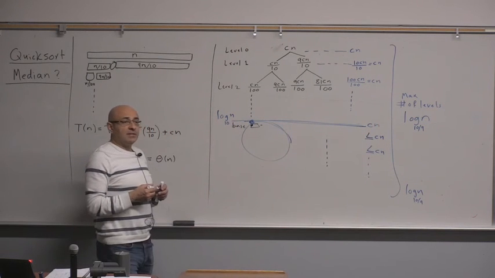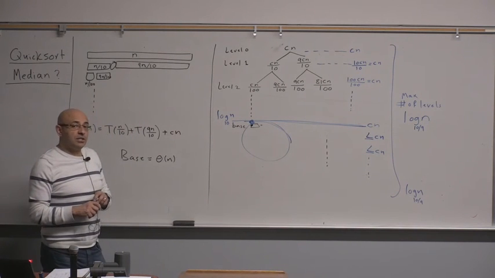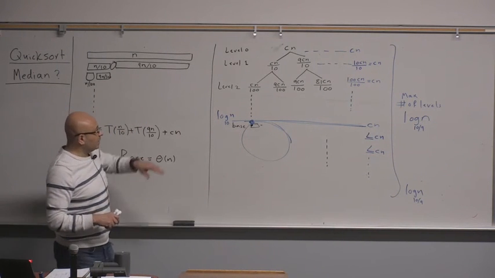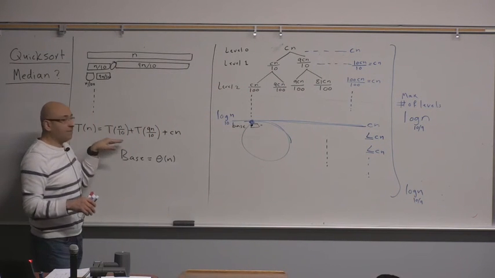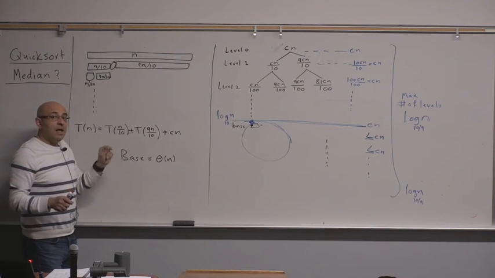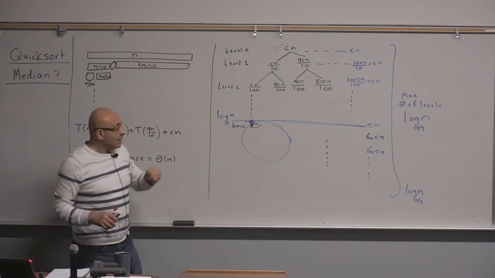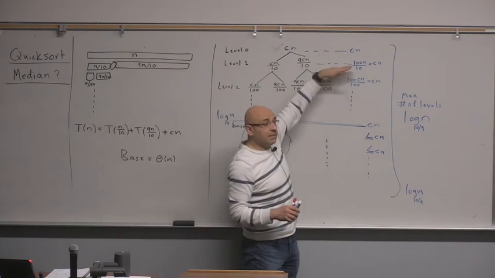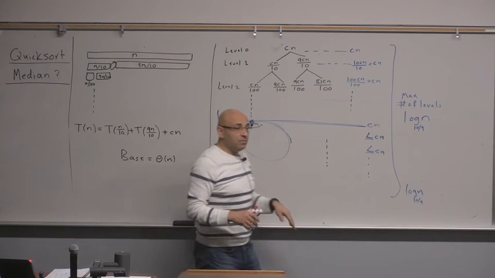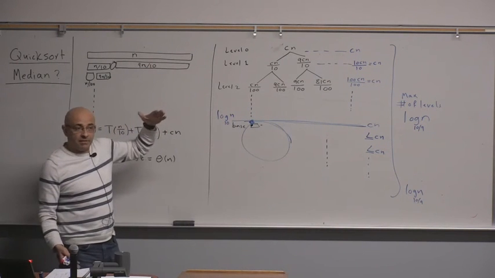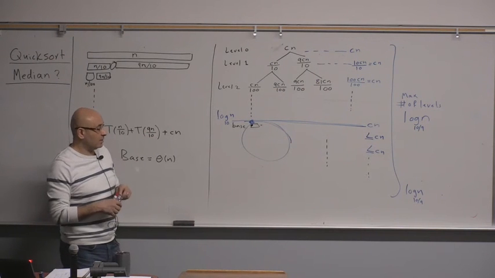So what does this mean? It means that if the partitioning is unbalanced, but we're still dividing by a fixed ratio, and the ratio is the same at all levels, the number of levels will still be logarithmic, but to a smaller base, which means that it will give us a larger number of levels, still logarithmic in order.